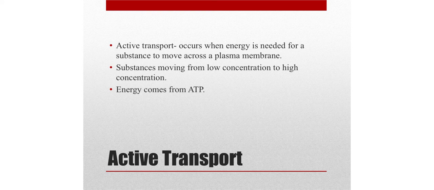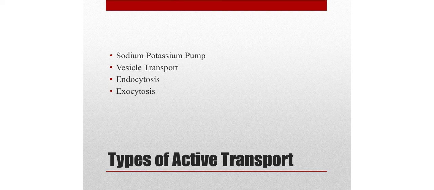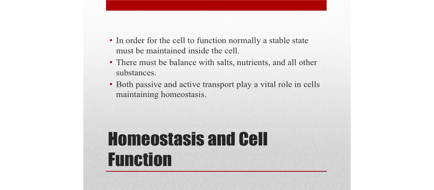And then again, the second example being vesicle transport, which I will give you more examples in class. Now, I want you to understand on this particular slide, it looks like four examples, but vesicle transport can be broken down even further. So endocytosis and exocytosis are types of vesicle transport.